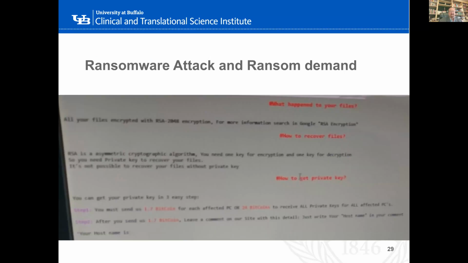This is the actual ransomware attack notice that ECMC got when we had a ransomware attack at ECMC. They asked for 24 bitcoins at the time. 24 bitcoins were worth about $30,000.